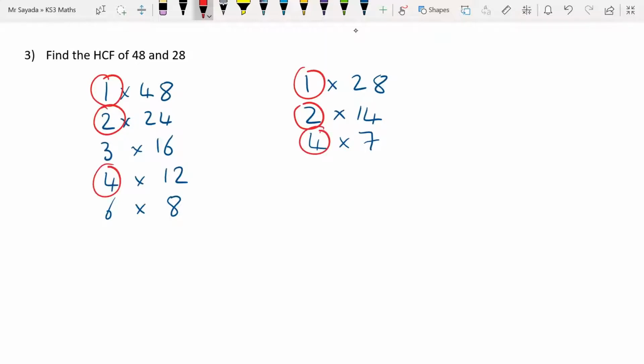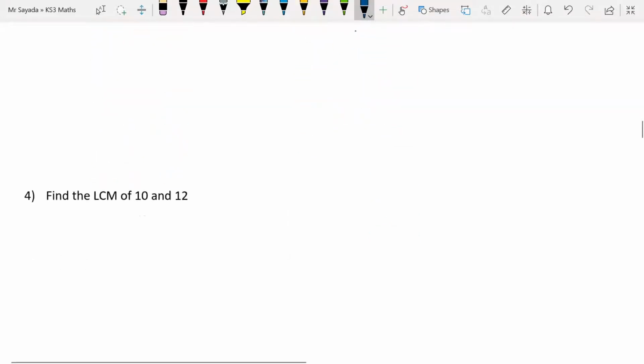And there are no other common factors. What is the highest of those common factors? Say your answer to the video. The highest of those common factors is 4, so the final answer is 4. Please mark and correct your answer. Pause the video while you do that, and press play once you're ready.